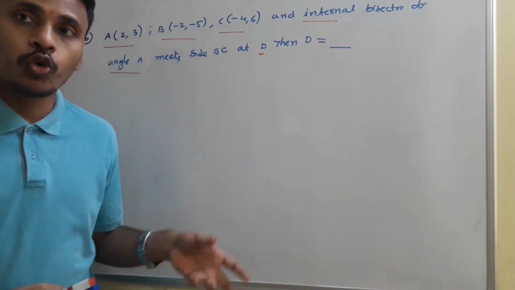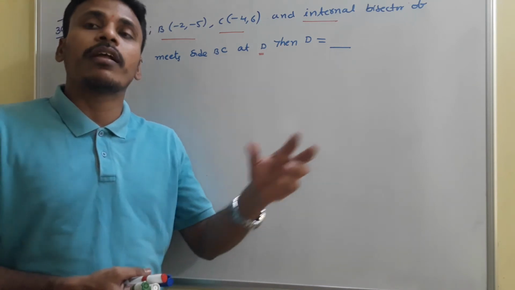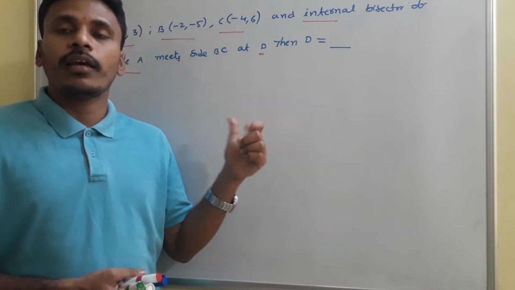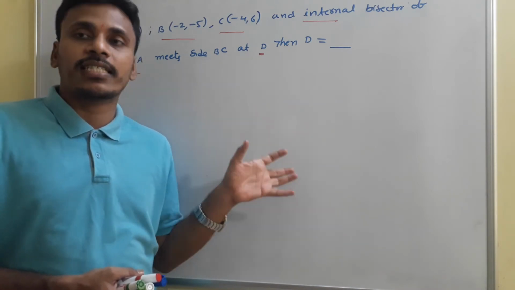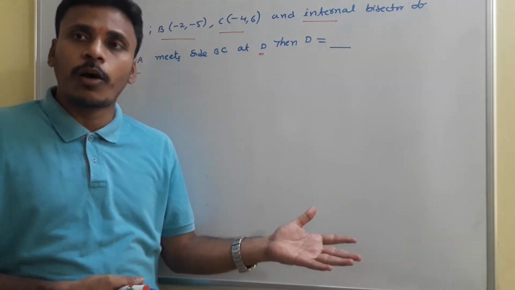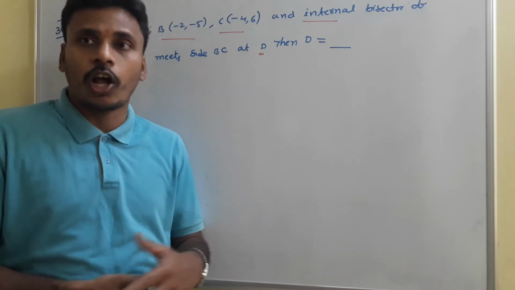From there we concluded the formula for internal incenter, similarly for excenter. In previous problem A, we found excenter opposite to vertex A. Similarly, we have formulas for excenter opposite to vertex B, excenter opposite to vertex C, as well for incenter also.